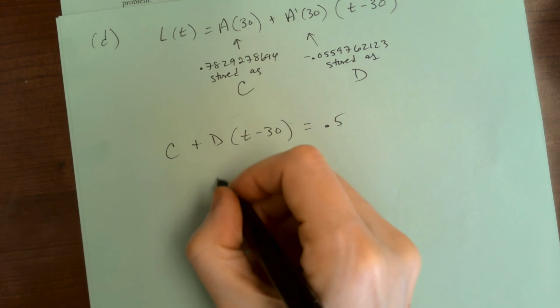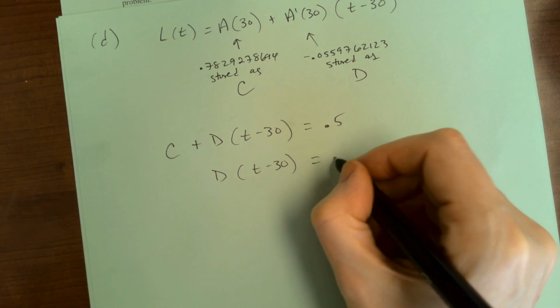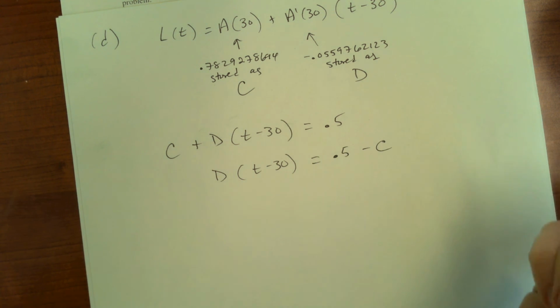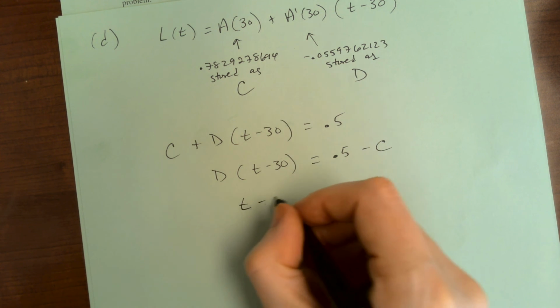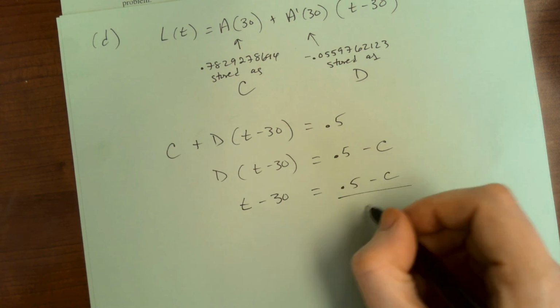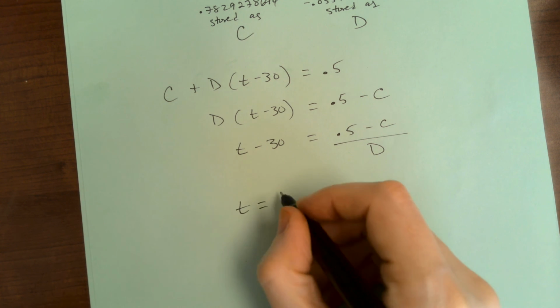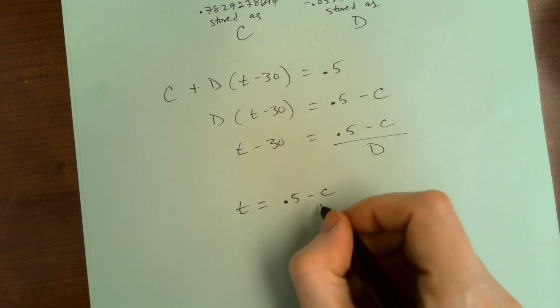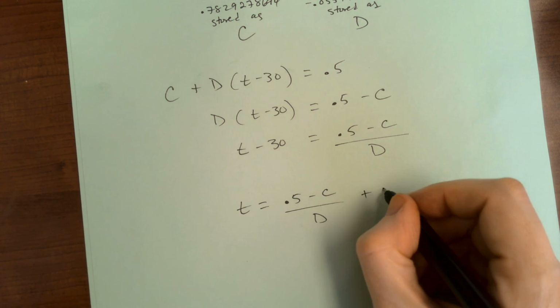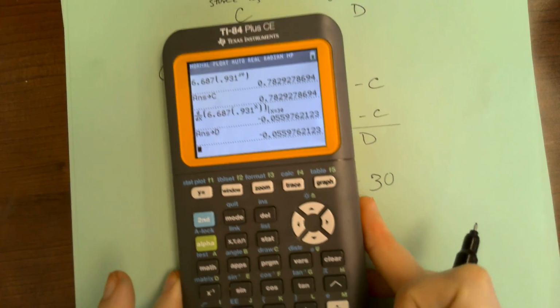So D times t minus 30 is 0.5 minus C. T minus 30 is 0.5 minus C over D. T is 0.5 minus C over D plus 30.